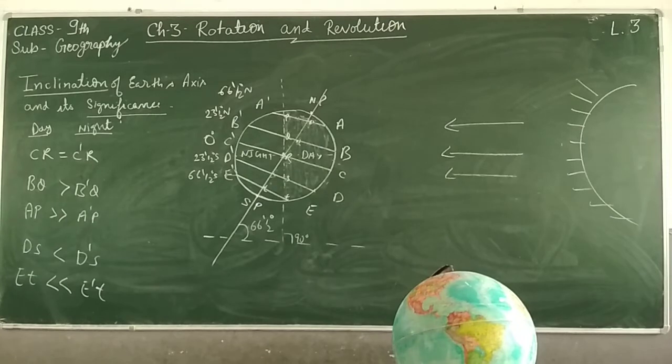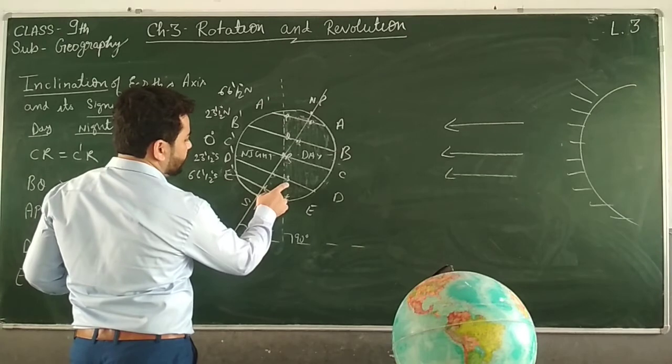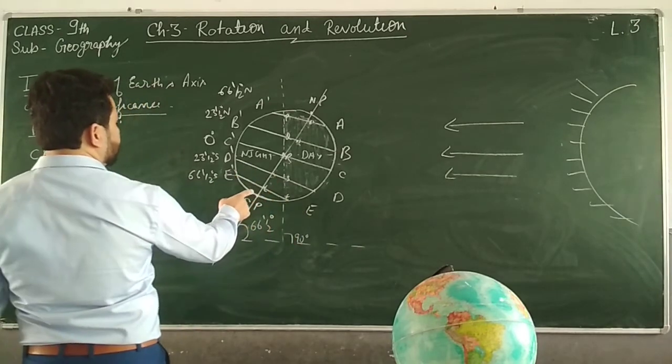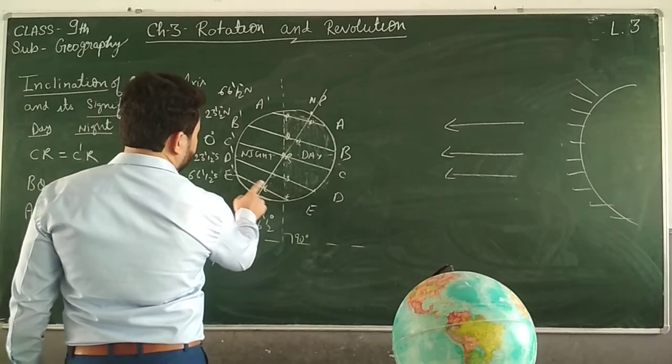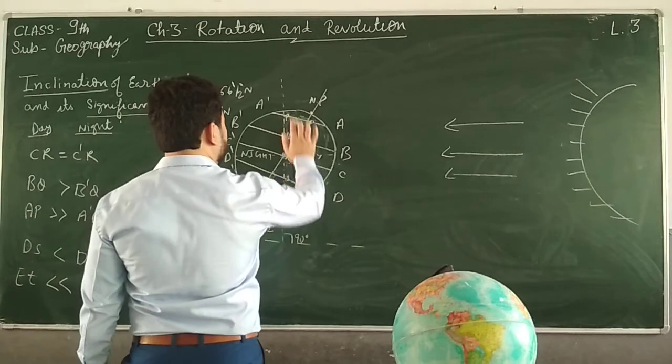So in the Southern Hemisphere, you can see that the duration of day is very small compared to the duration of night. DS is smaller than D dash S, and ET is much smaller than E dash T. So this much region is coming under night, and this much region is coming under day.